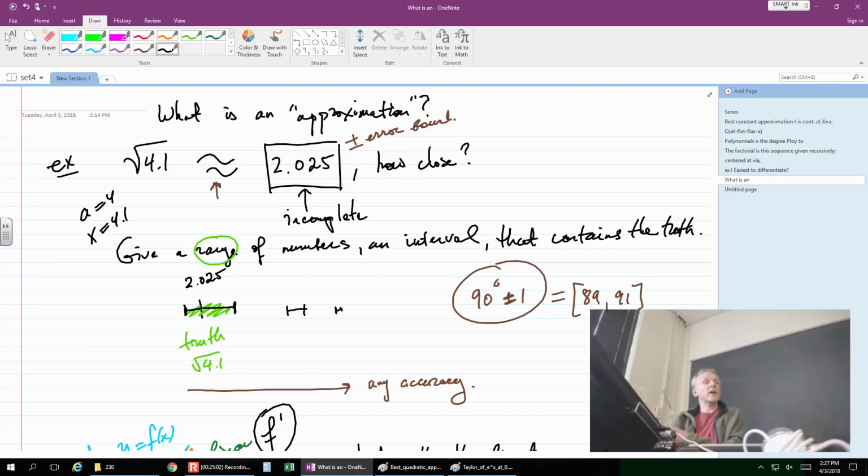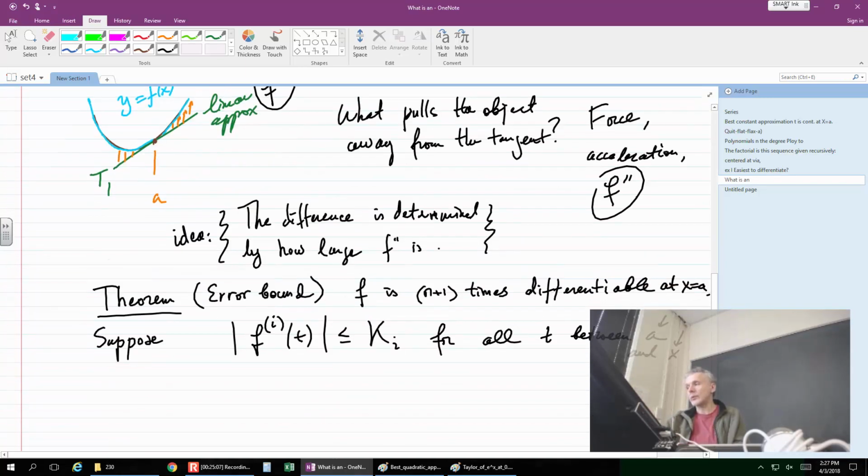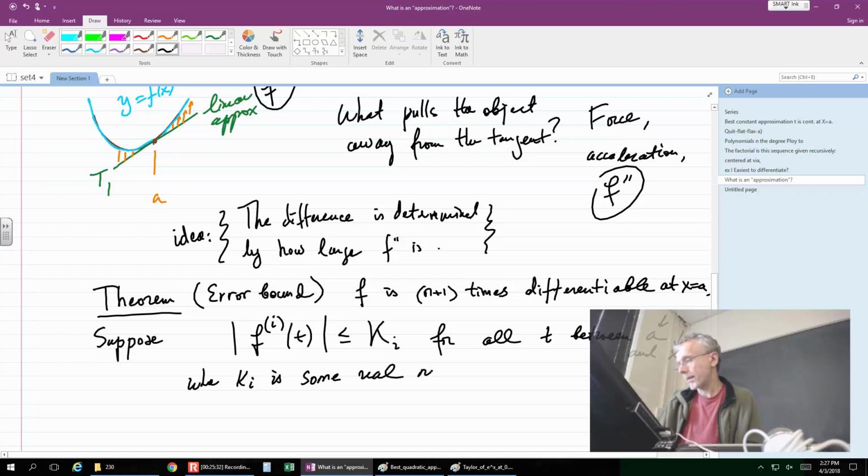Then we deviate from a slightly in some direction, but we are still able to approximate. So we need an estimate for that extra derivative of the function on the interval between a and x. You can move left or right from a. That's one restriction, where k sub i is some real number.